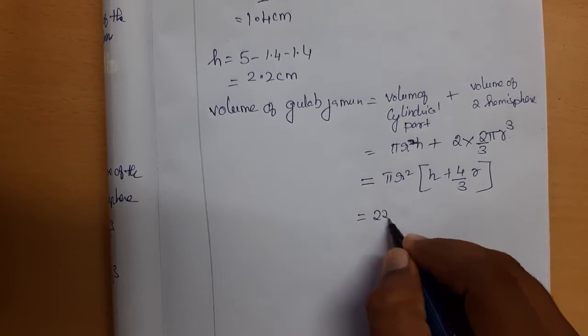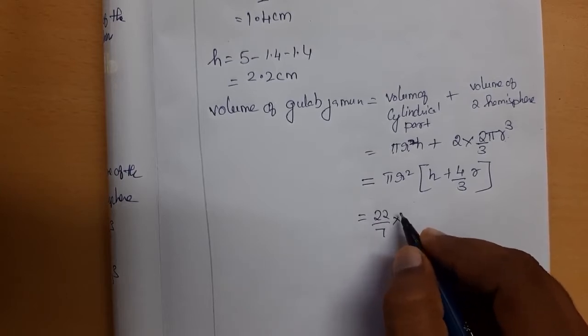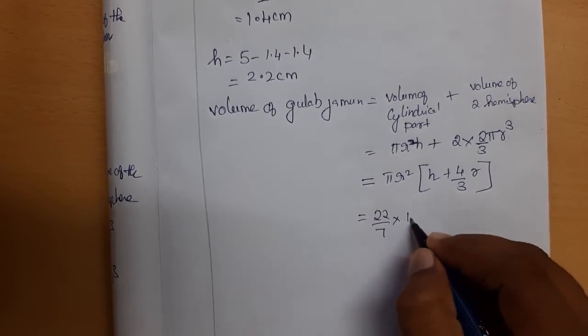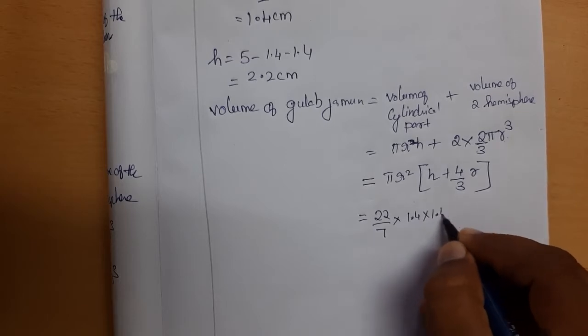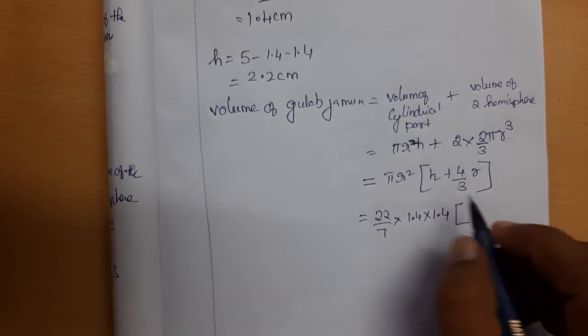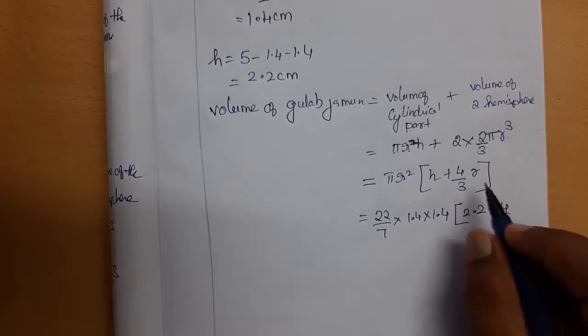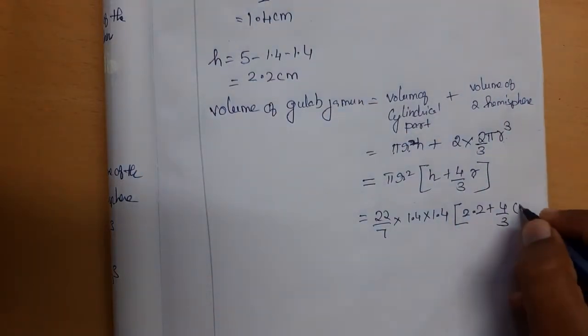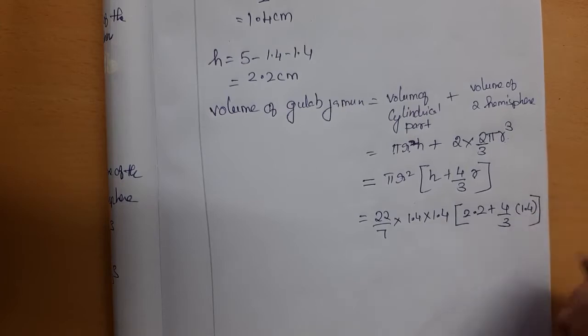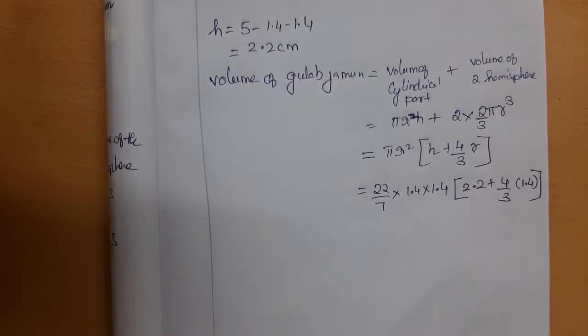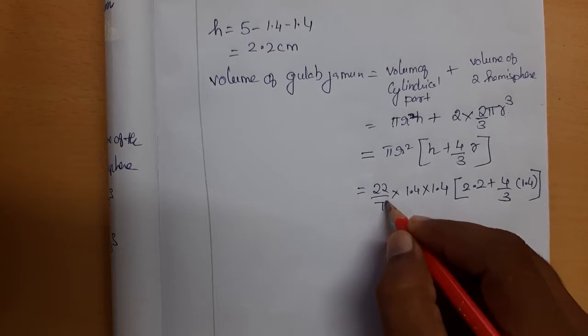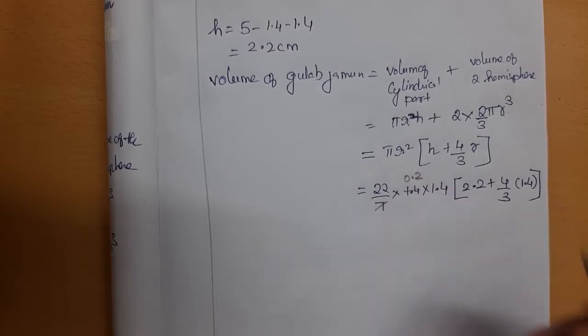So pi is 22 by 7 into r square, which is 1.4 into 1.4, and h is 2.2 plus 4 by 3 into r, which is the same 1.4. Clear? The 7 and 1.4 can be cancelled, 2 times 0.2, right?